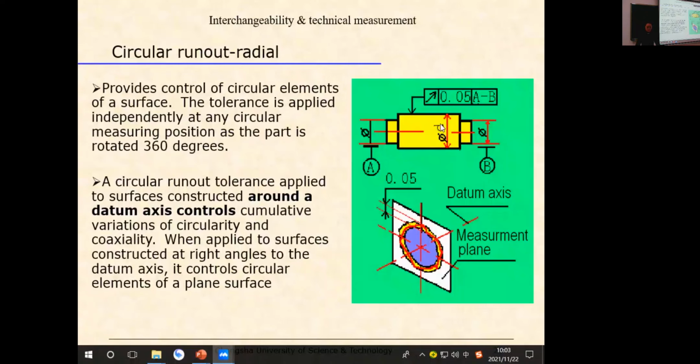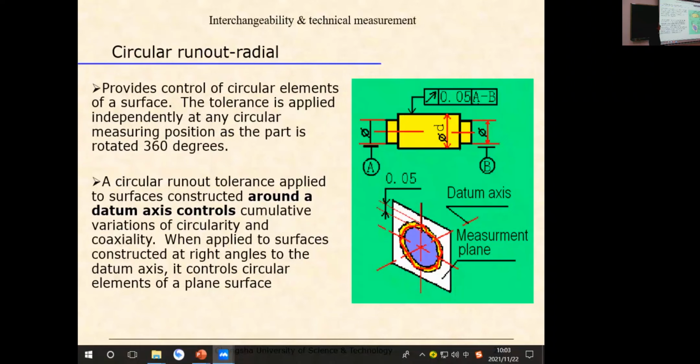That is a shaft. So the shaft runout is this surface, right? When it rotates very quickly, this is a circle. It's a rotate, a circle.